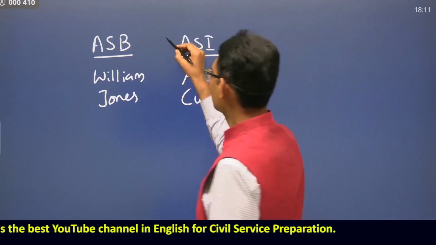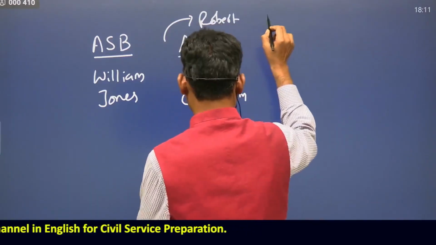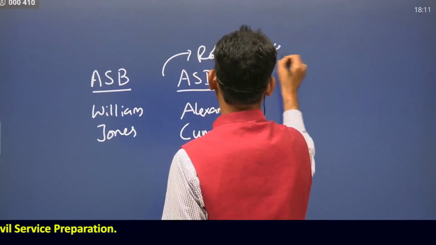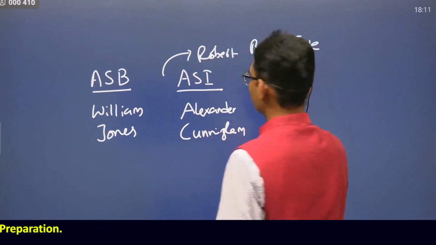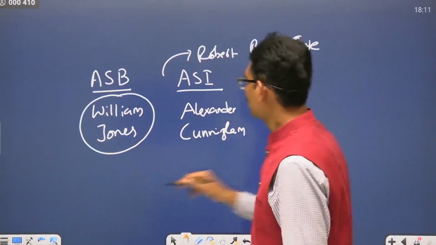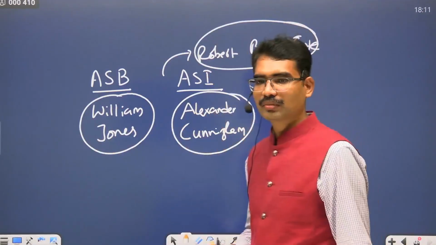In between, there is a person called Robert Bruce Foote. The people: William Jones, Robert Bruce Foote, Alexander Cunningham.